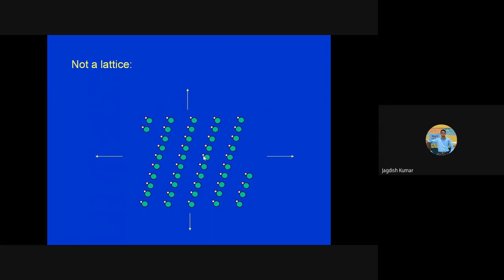Now, the answer to this is not that it is not infinite. We can't, of course, show infinite things on screen, but I say that these arrows are representing the infinite repetition. So this is still not a lattice. Why so?